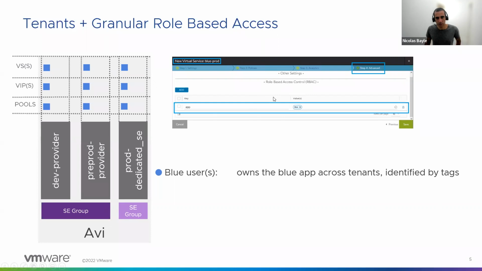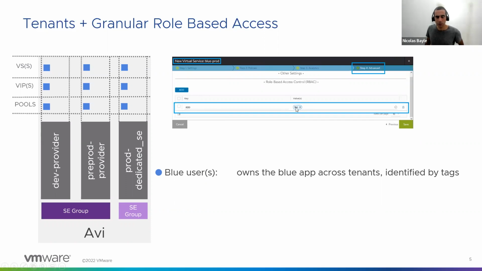And this option gives us the capability to configure a key value pair. It's like in the public cloud, where you have tags, right? You can add tags to your virtual machine, and then leverage those tags later. And here this is exactly the same. I have added a key value pair. The key is app, and the value is blue.